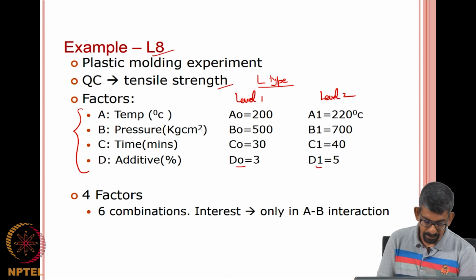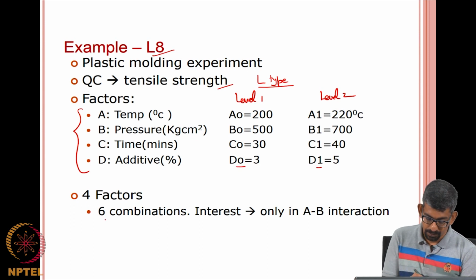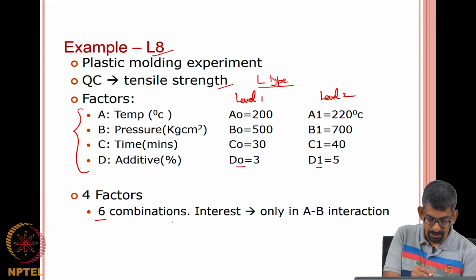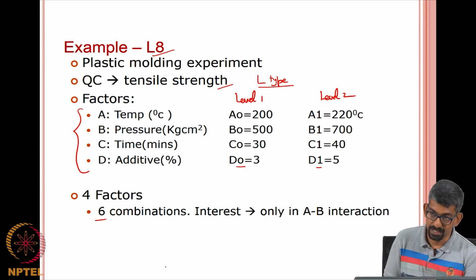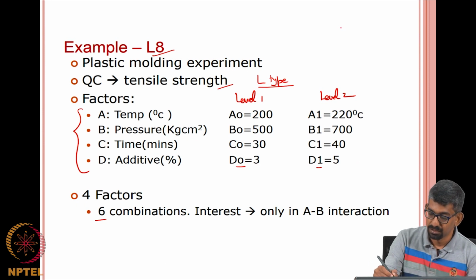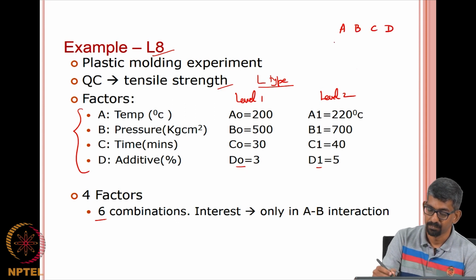So, in this particular case, what they are talking about is the combinations. In what sense? If you have 4 factors A, B, C and D, what have we seen? The single factors, the main factors, are A, B, C and D. The 2 factor combinations are AB, AC, AD, BC, BD and CD.